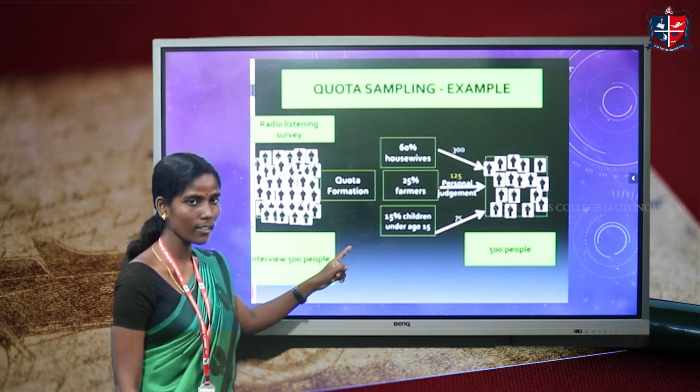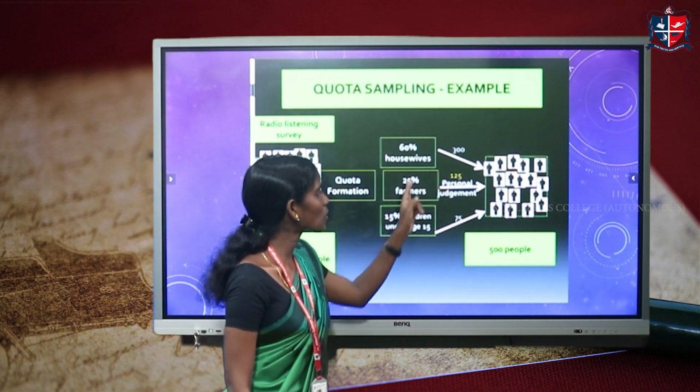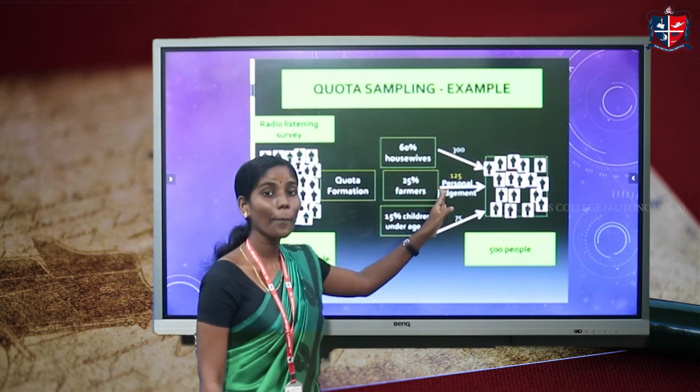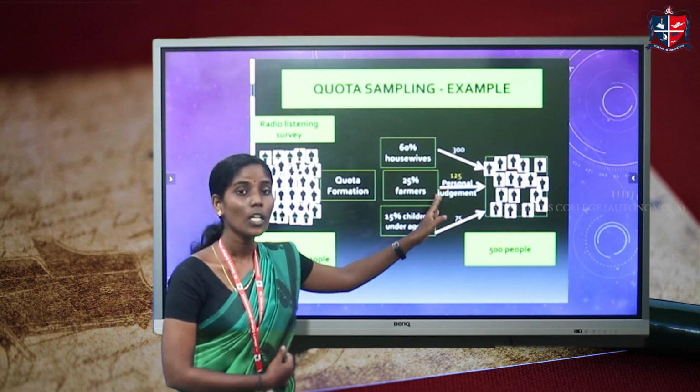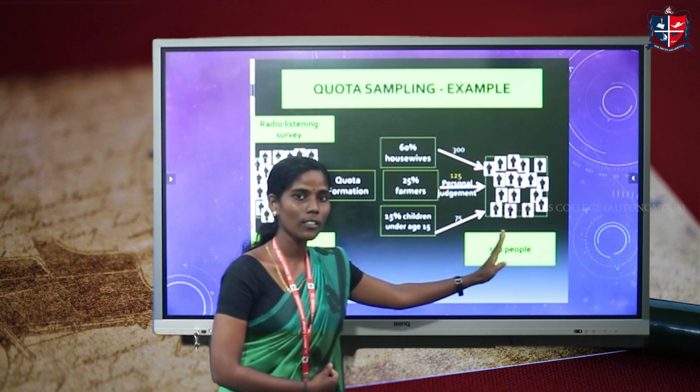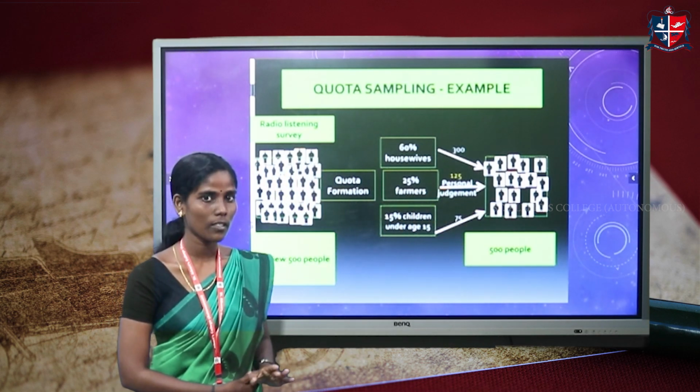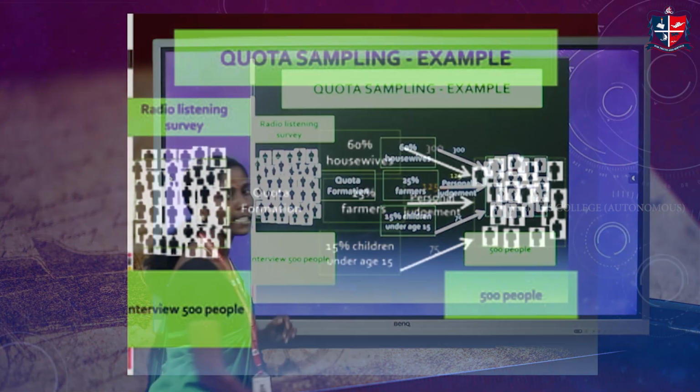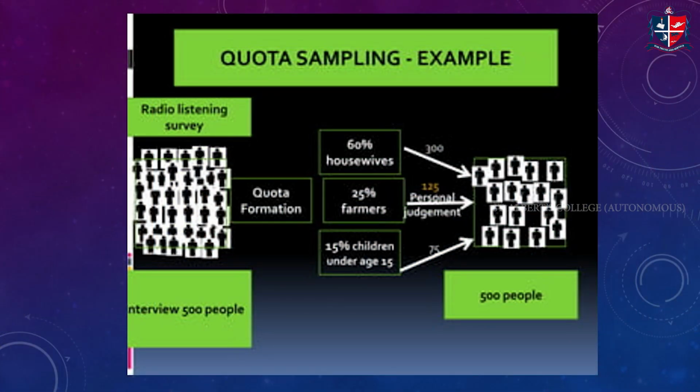But in case of quota sampling, we are taking units from these subgroups on personal judgment. Okay, so this stage is different in quota sampling and in stratified sampling. Up to this level, it is same. But after that procedure, it is different.